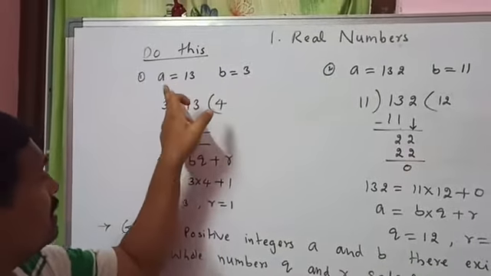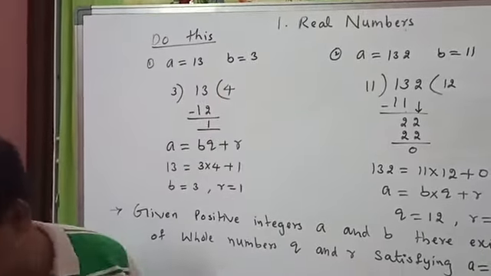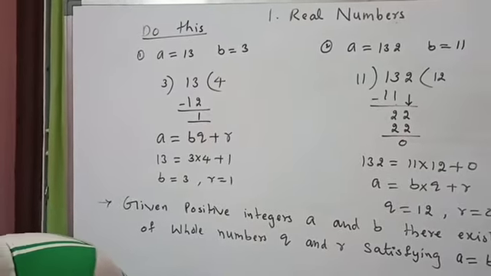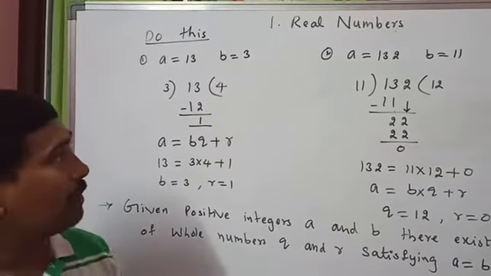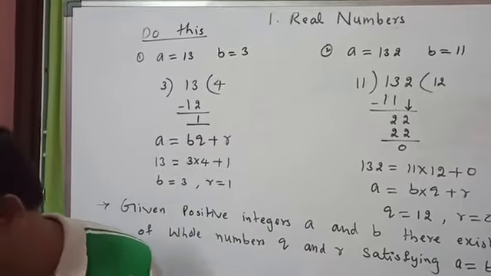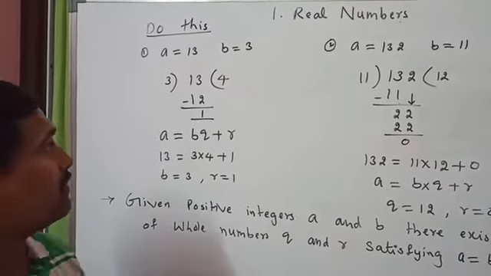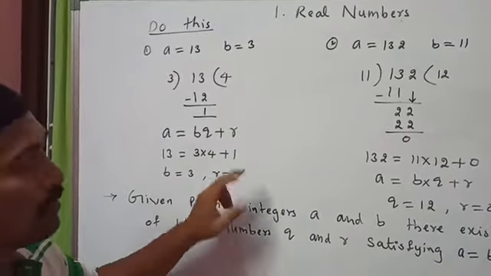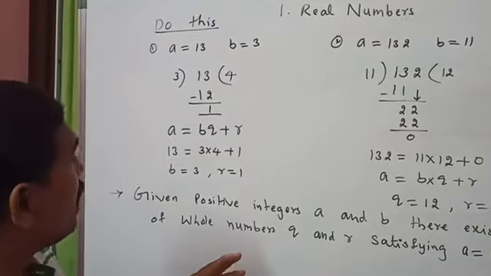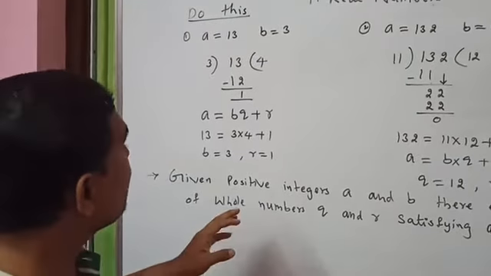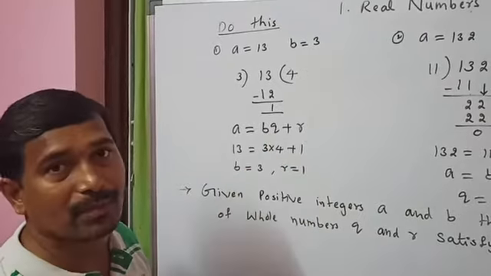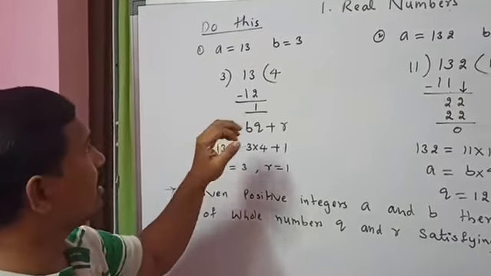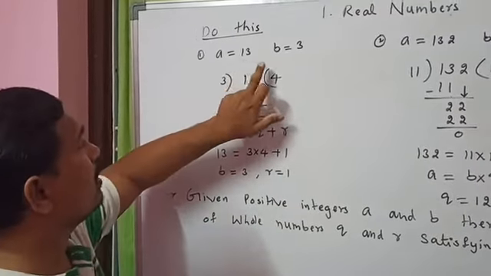For two integers a equal to 13, b equal to 3, find q and r for the following pairs of integers a and b, satisfying the relation a equal to bq plus r. Let us take division.